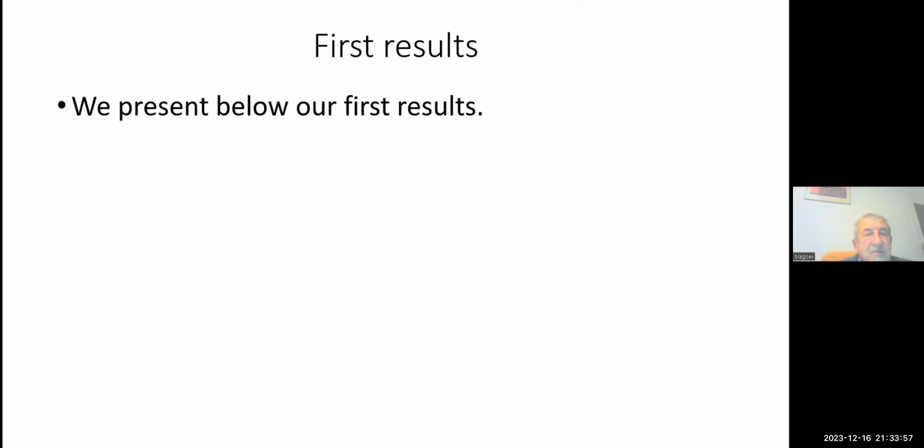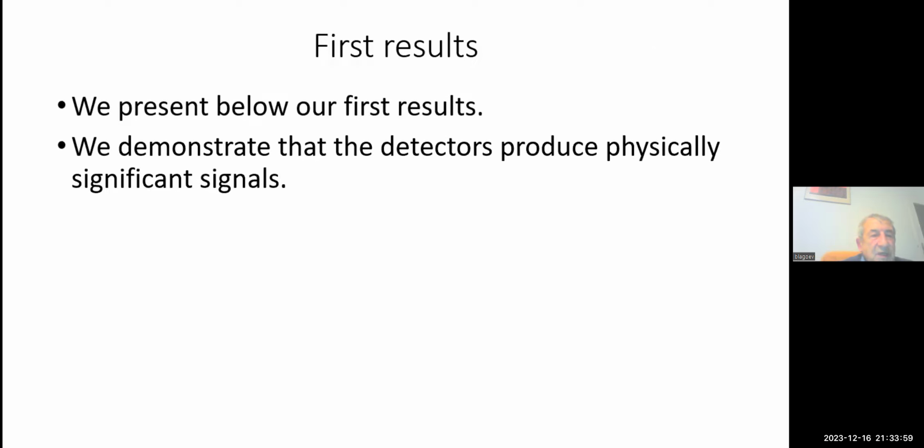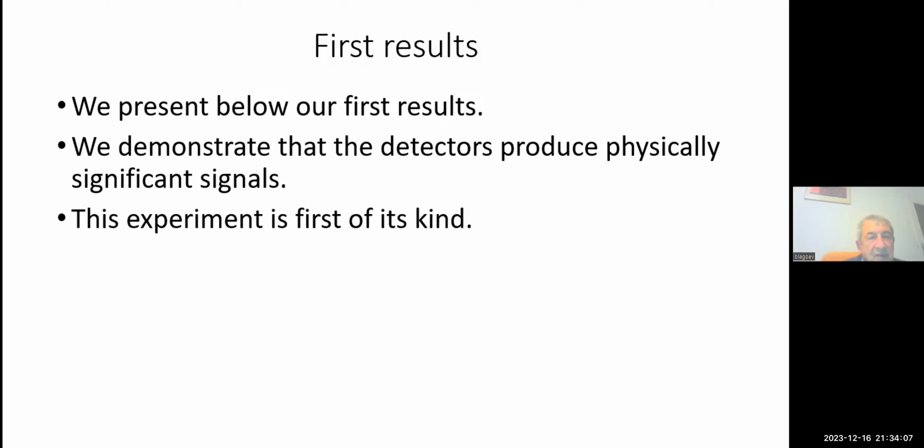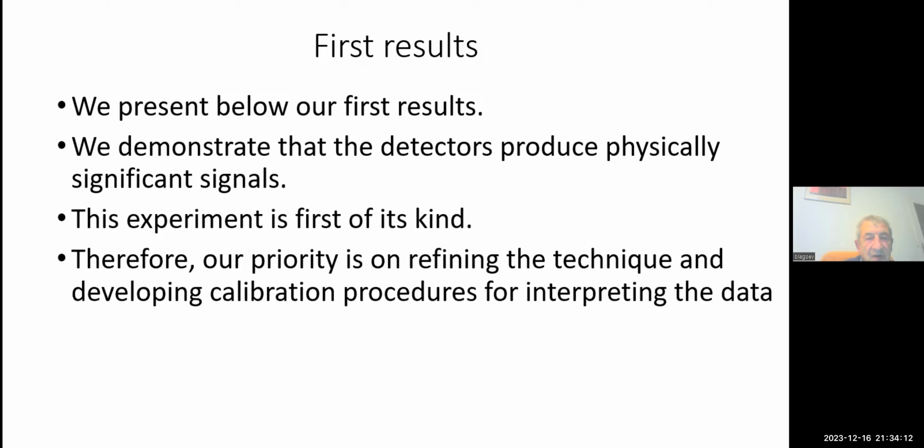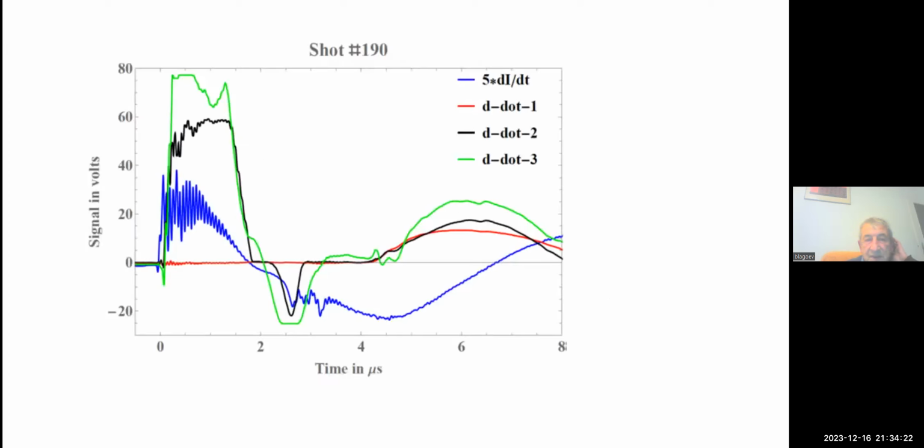We present below our first results. We demonstrate that the detector produces physically significant signals. This experiment is the first of its kind. Therefore, our priority is on refining the technique by developing a calibration procedure for interpreting the results.